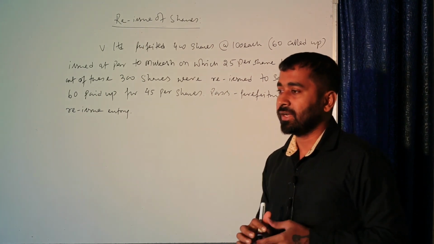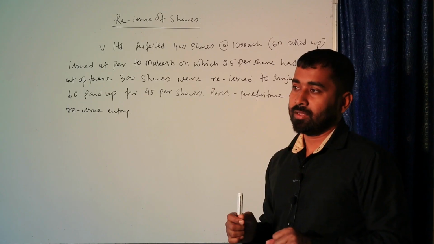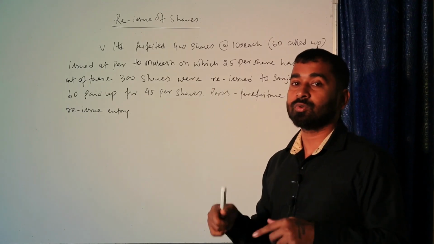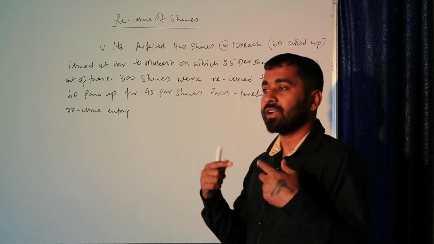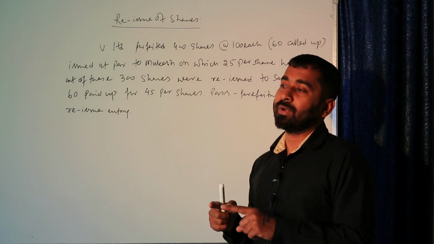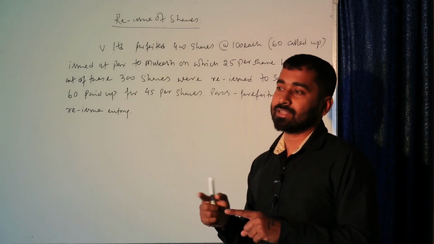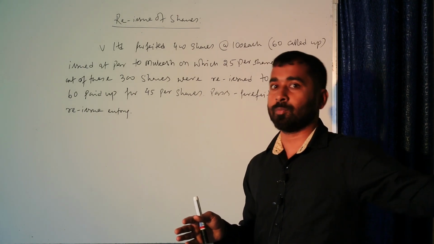But when a company issues the same shares again, it will not call the full money. That time the company issues the shares at a discount. That much discount, that loss on discount, should be absorbed or maintained from the amount the company already received from the earlier person.